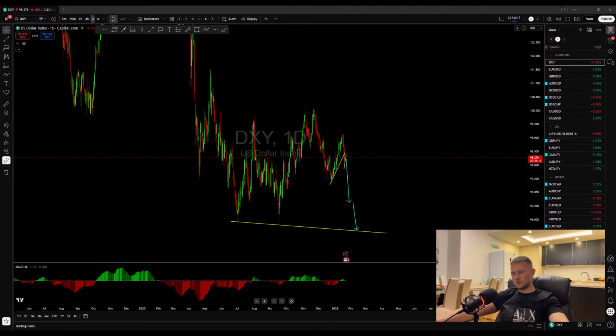So I always start with the dollar. That's the main reason. I want to have a clear sense of direction where the dollar is going, and then I can easily forecast the major pairs, and then the crosses. They are somehow connected.